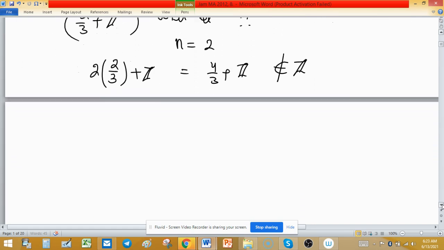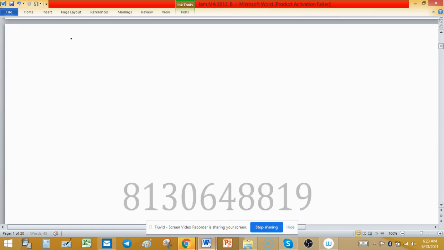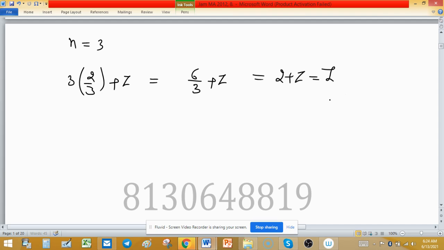Now put n equal to 3. Then 3 times 2/3 plus Z is equal to 6/3 + Z, which is 2 + Z, equal to Z. This means it is an integer, and this is the least.